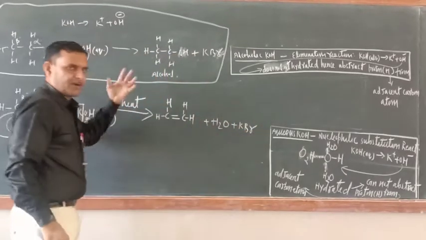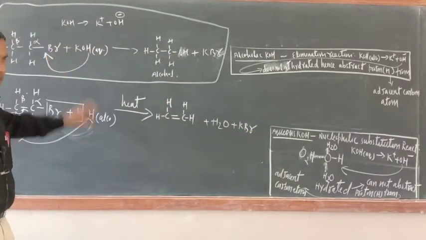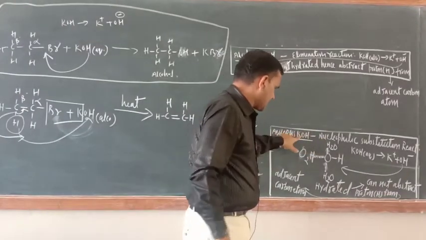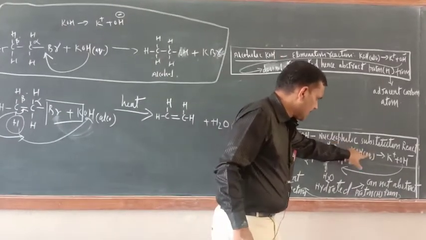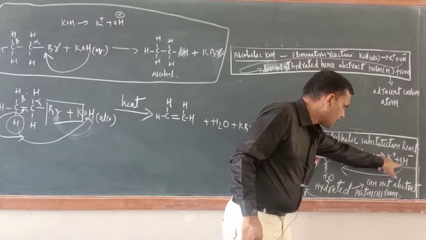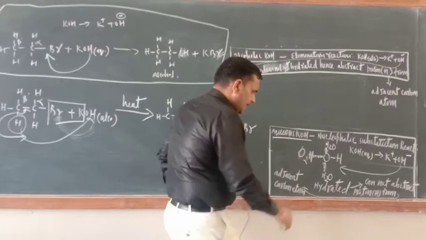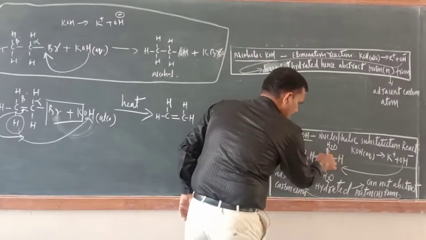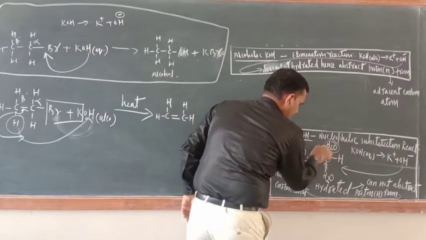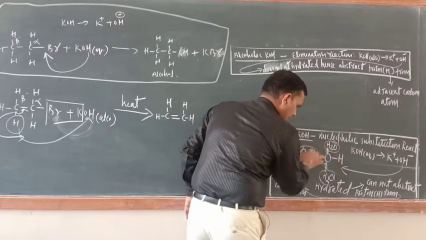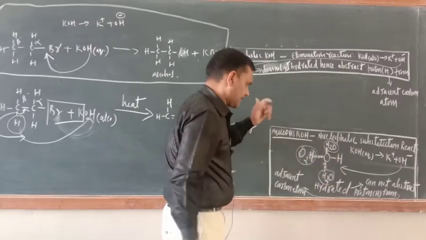So why is this difference there? Now try to understand. In aqueous KOH, the KOH dissociates into K positive and OH negative, and since it is aqueous, this OH is hydrated by water molecules.